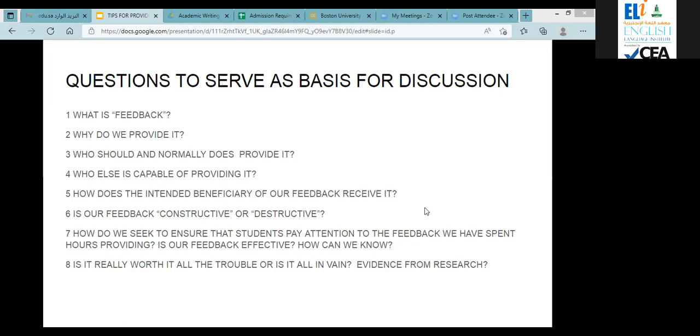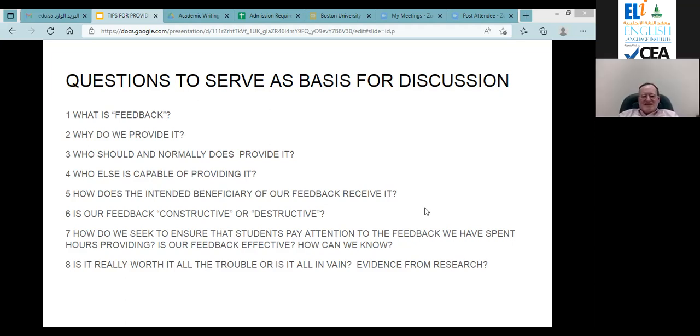A feedback loop. Yeah, it depends on the student. But at least from my experience, many students, or shall I say the majority of students, look at the grade before they look at the feedback.